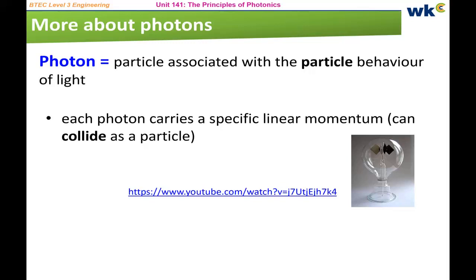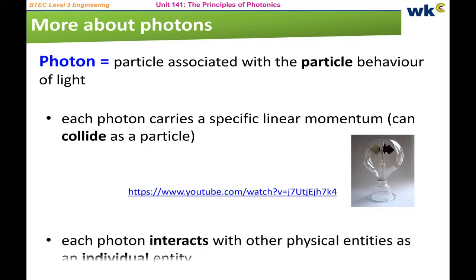That means they can collide as a particle, and even more than that, they will interact with other physical entities like electrons or atoms as an individual entity, not as a collective wave of many photons that keep on being added to or bumping into the atom or adding energy to an object. It's photon by photon that interaction occurs. That's a very big difference.